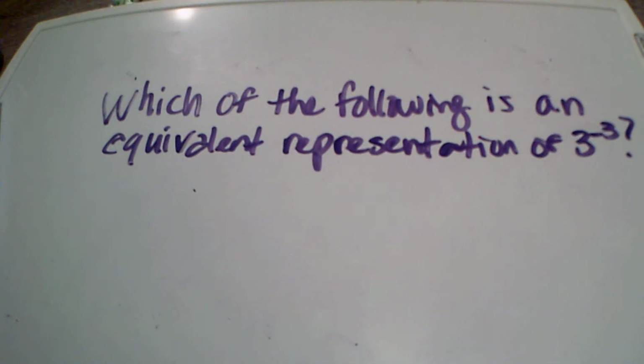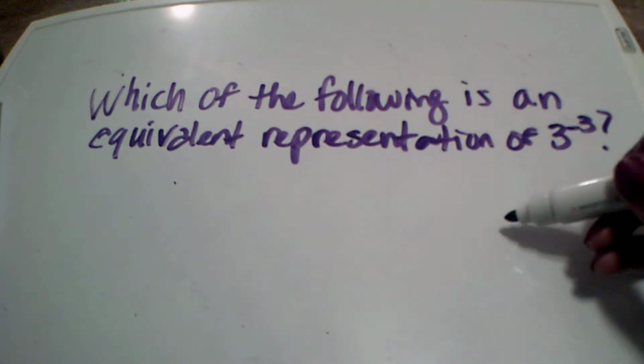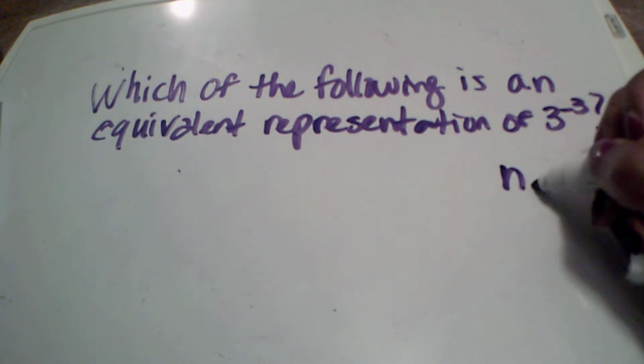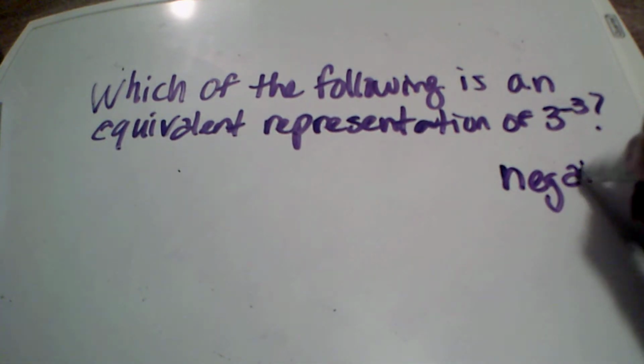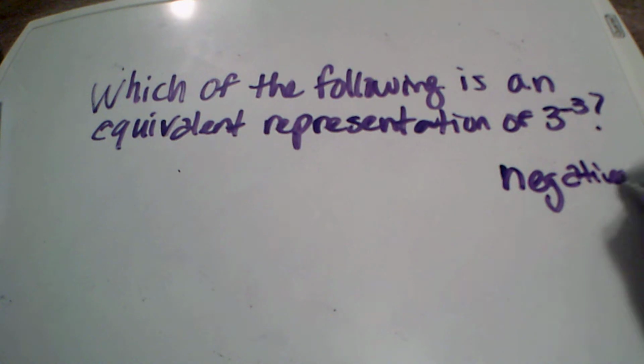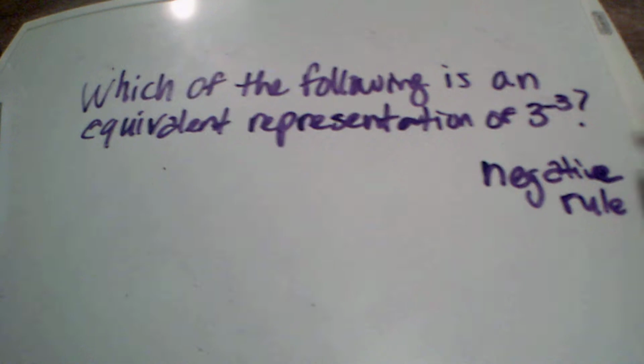Which of the following is an equivalent representation of 3 to the negative third power? So what kind of rule is going on? You see a negative, so you already know that is the negative rule. Ooh, my handwriting tonight is terrible.